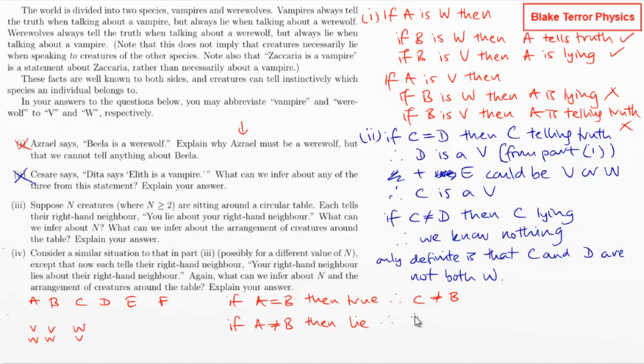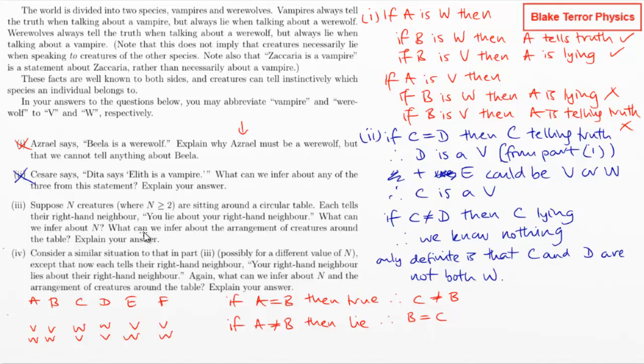So that would mean that B would be equal to C. So in this case, if we add a VW here, that would have to be a W, that would have to be a V, which means that this would then have to be, oh, we're going in loops again. Right, so we're doing them in pairs next to each other.